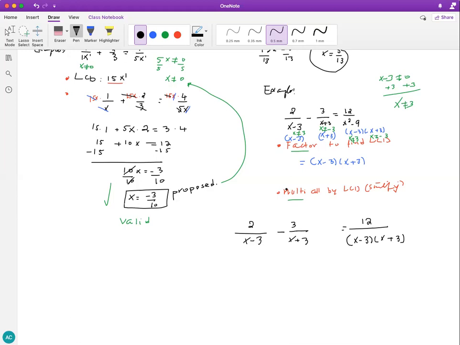And again, the second step is to multiply all by the LCD. This is the LCD. I'm just going to take that and write it next to each one of these fractions. Let me put these 2 over here. Okay, let me take this. I'm going to put it 3 times, next to each one of those. Let me use a different color here.